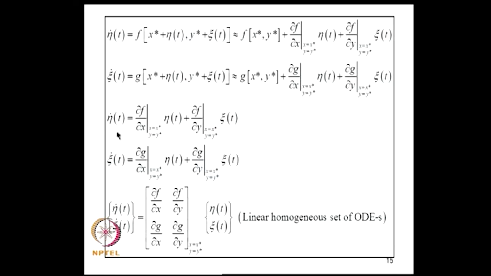So, I am now left with this pair of equations: eta dot is this gradient times eta of t plus this gradient times xi of t, and similarly another equation for xi dot. Now, these 2 equations I can put in matrix form. I write it as eta dot, xi dot equal to this Jacobian or gradient matrix evaluated at the fixed point, times the vector of eta and xi of t. So, these are a linear homogeneous set of ordinary differential equations.